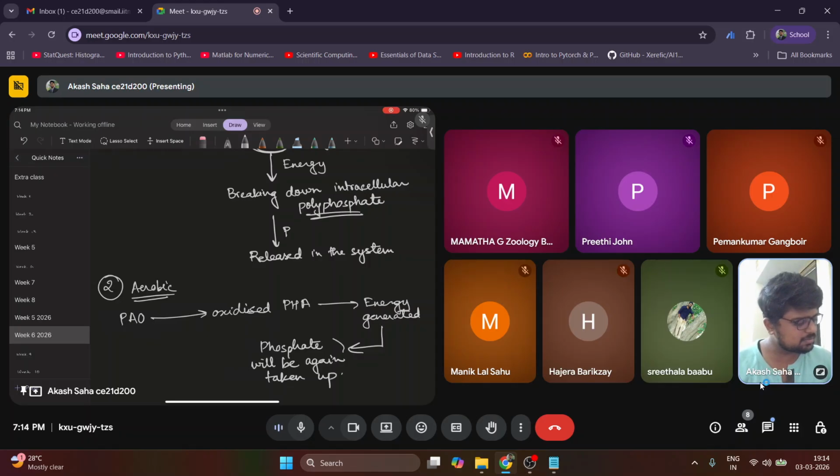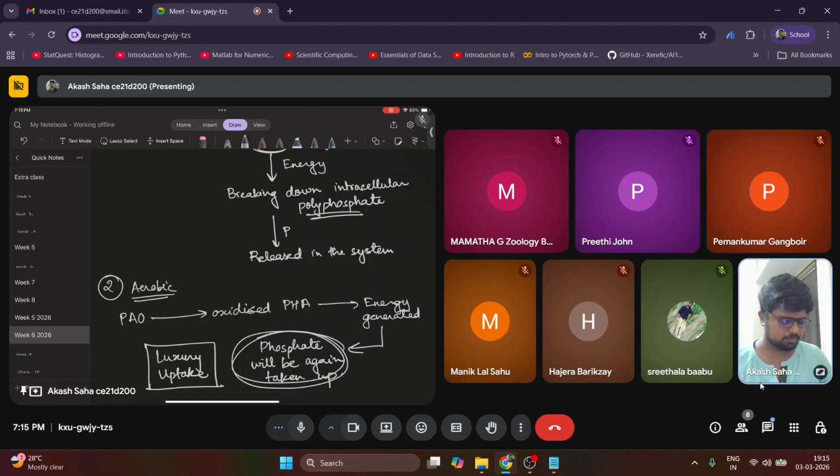This uptake of phosphate will be more than what is required. That is why this is called luxury uptake. Luxurious, as the word suggests: consuming more than is required, we call it luxury. Is this all clear to all of you?